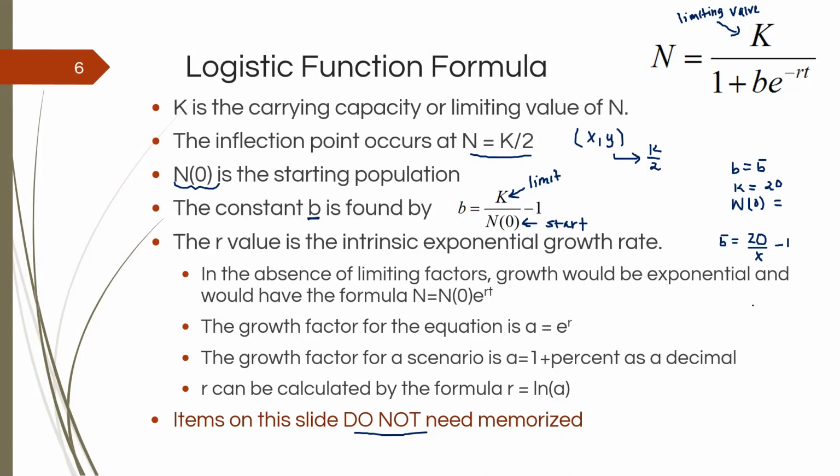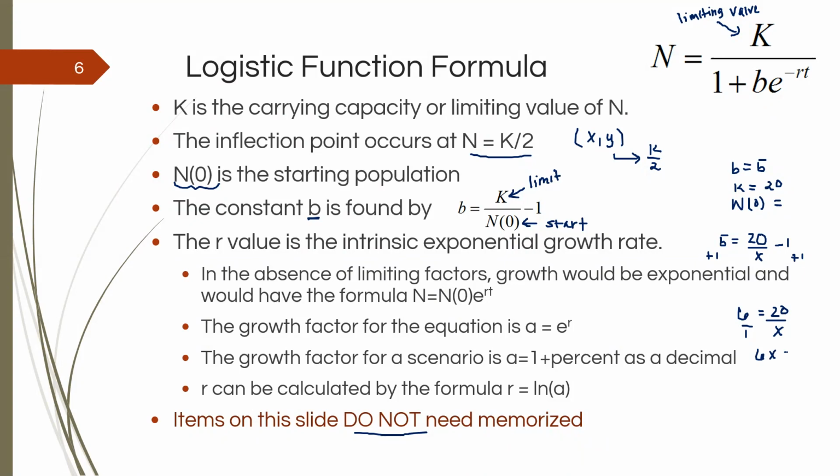So how does this work? The way that I would solve this is I first have to add 1 to both sides. So plus 1 on both sides. That gives me 6 equals 20 over x. And then this can be tricky to solve because our x is in the denominator. So the easiest way to do this is to put 6 over 1, have a fraction, and use the cross product.